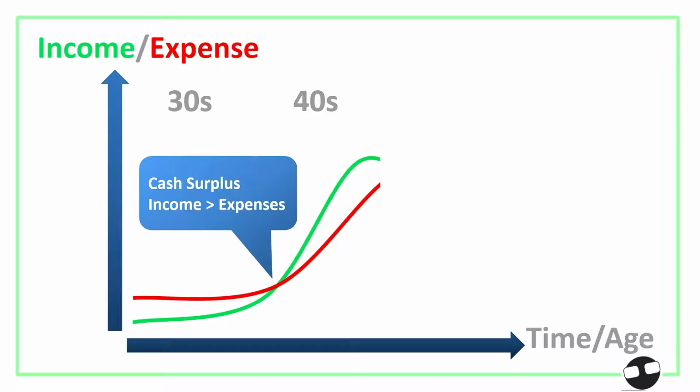And then here comes a very important transition in our lives. Pagdating mo kasi ng, let's say, early 40s mo, nagkakaroon ng crossover yung income and expense. Now, this time, nagkakaroon ka na ng cash surplus or your income, the green line, is now higher or greater than your expenses.